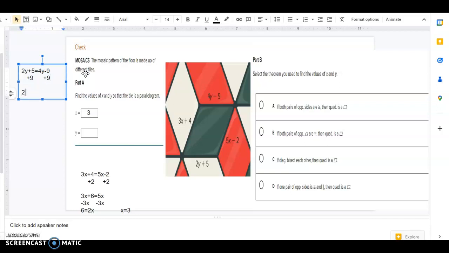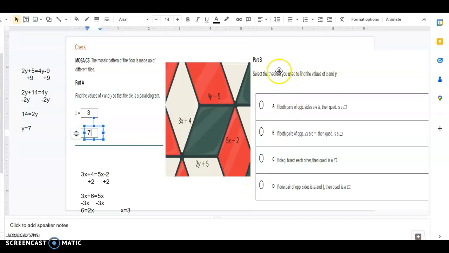So now I have 2y plus 14 equals 4y, because my 9s cancel. And then I'm going to subtract 2y from both sides. And I get 14 equals 4y minus 2y, which is 2y. Then I'm going to divide. So 14 divided by 2 is 7. Then I plug that in.